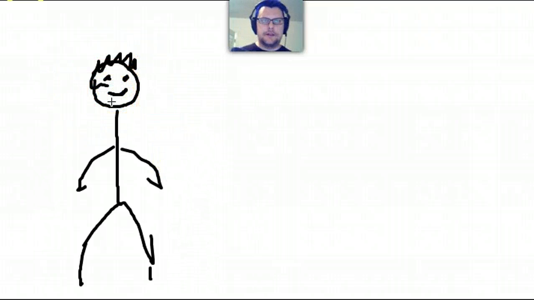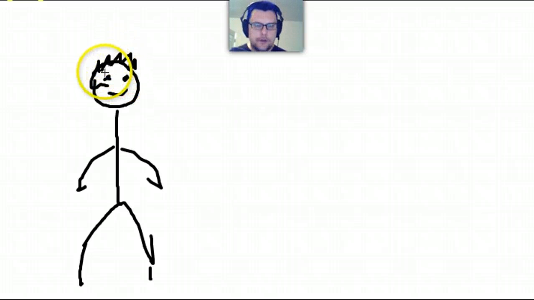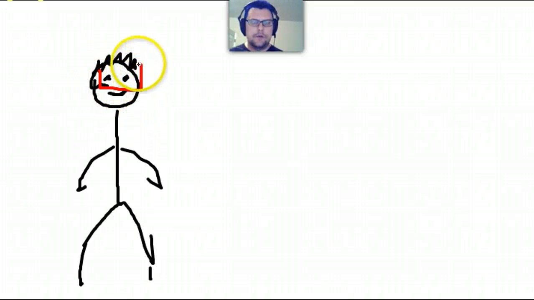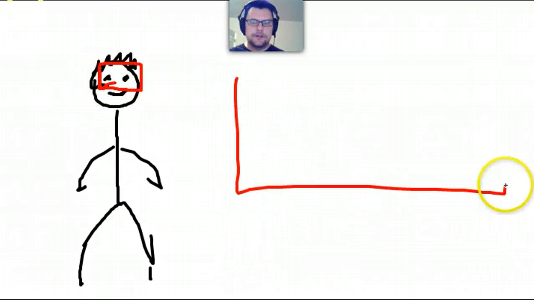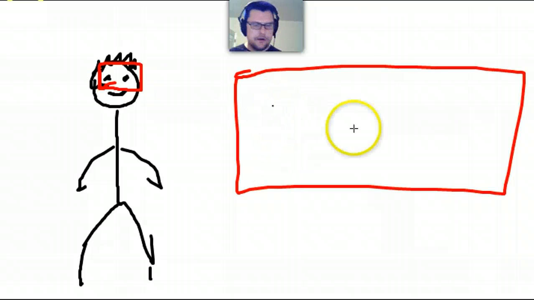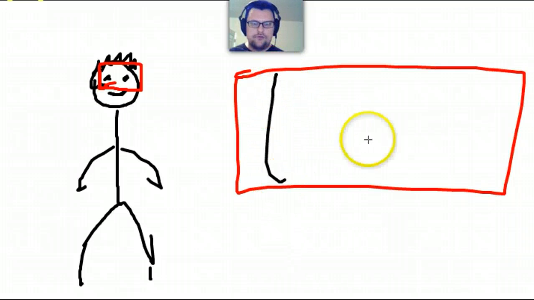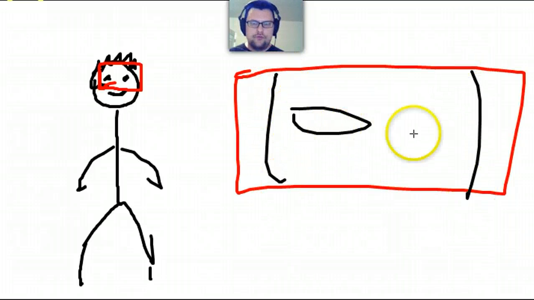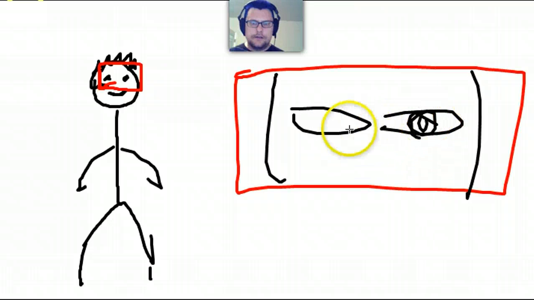Now, there's another level, and this is what we call an extreme close-up. An extreme close-up is going to give us less than the entire picture of a face. If we just want to see the person's eyes, we're going to make a frame around their eyes like that. So what we'll end up with is our big cinematic frame over here, and we're going to see eyes.